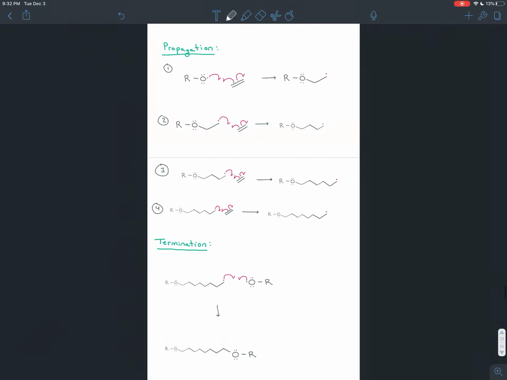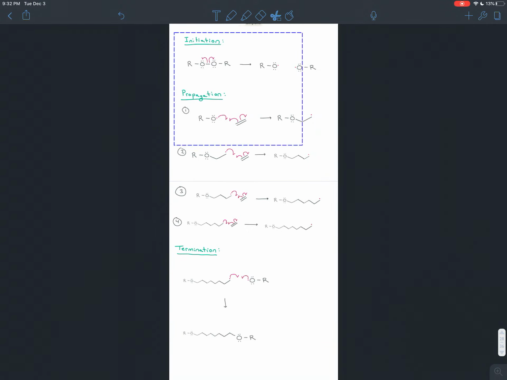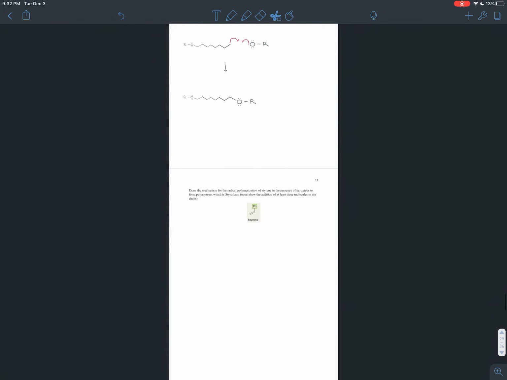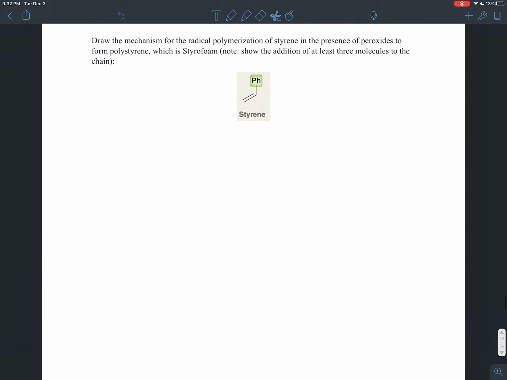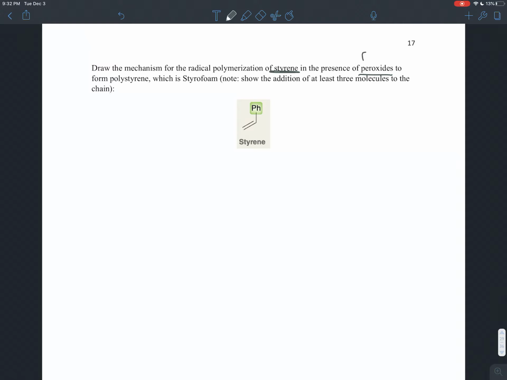Now, that mechanism will be the same no matter what little piece you're adding on to it. So, if you look at this next example, draw the mechanism for the radical polymerization of styrene in the presence of peroxides. So we're still starting with that ROOR to form polystyrene.